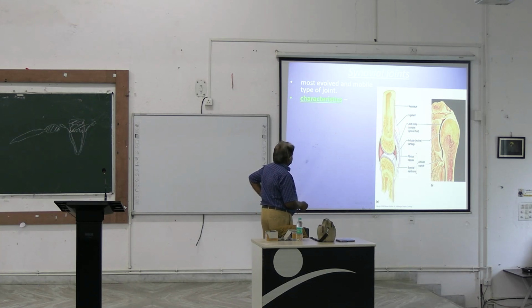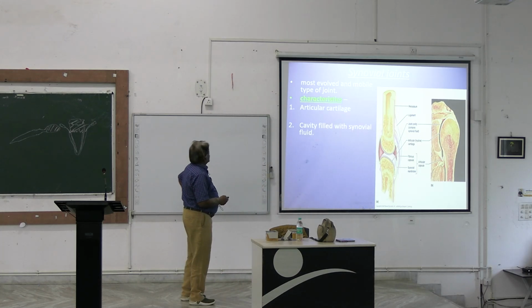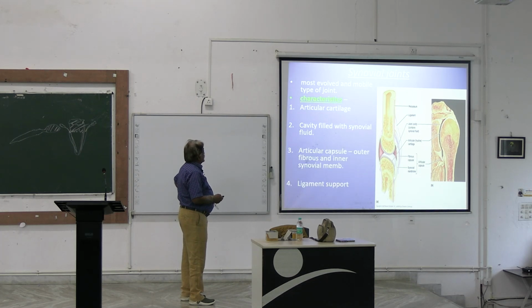Fibrous capsule, synovial membrane, this is in green, this articular capsule is here. Characteristics: articular cartilage, cavity filled with synovial fluid, articular capsule, outer fibrous, inner synovial membrane, ligamental support.